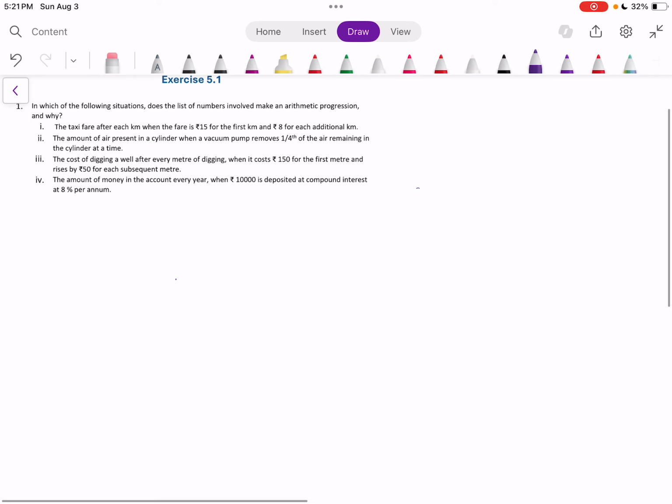Fourth question. The amount of money in the account every year when 10,000 is deposited at compound interest at 8% per annum. So you start with 10,000 rupees, and each year it increases by 8%, and 8% of the amount you had the previous year.